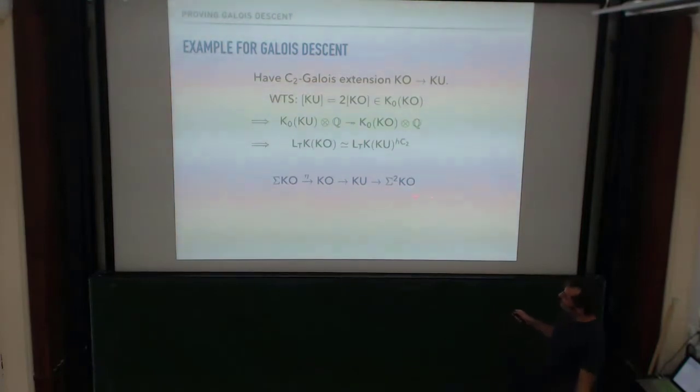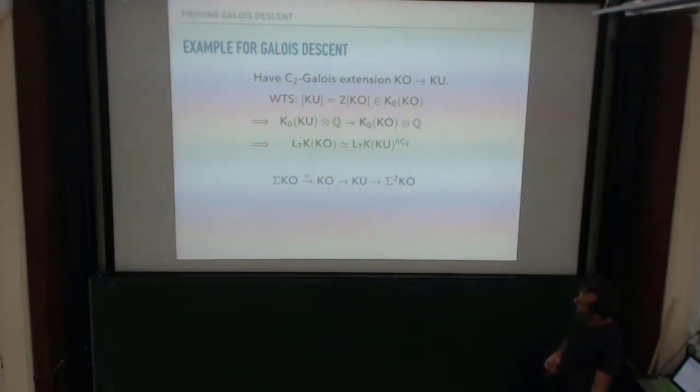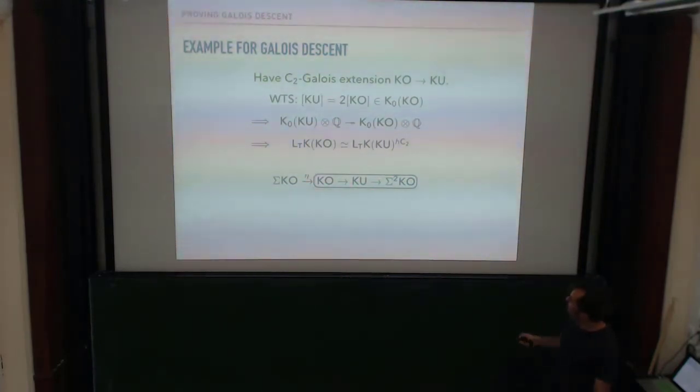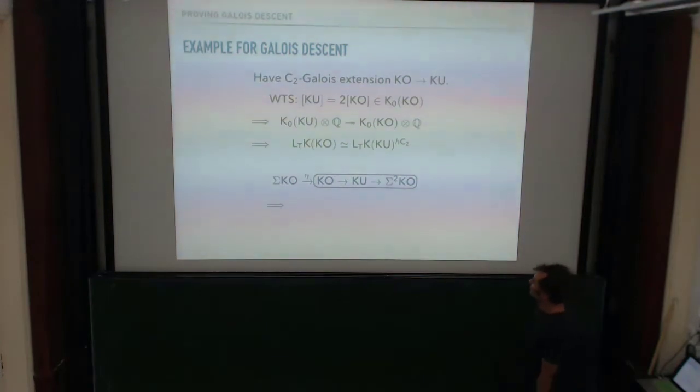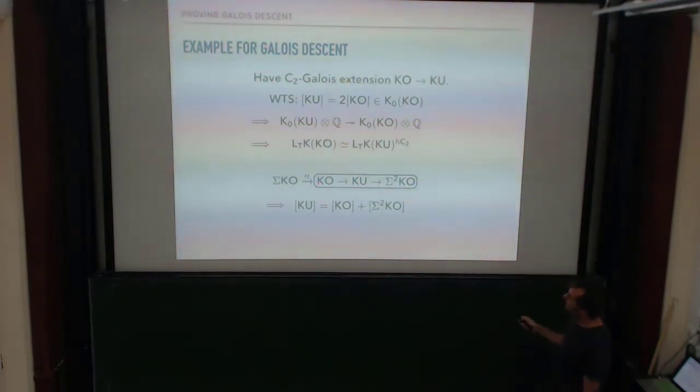So you just extend that exact triangle over, and you'll get the double suspension here. And I look at this short exact sequence. What does this give me in K-theory? It says the middle thing is the sum of these two. So Ku is the sum of these two.